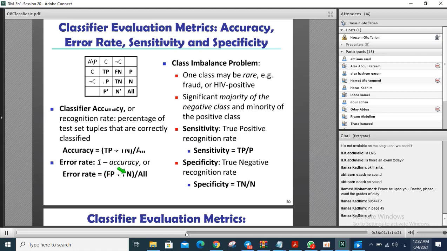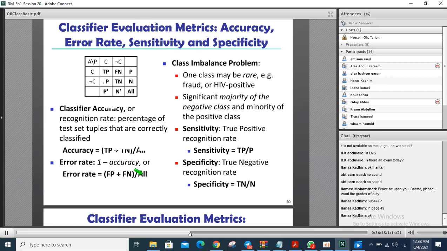So for error rate, we say that false positive plus false negative, the total number of records in false positive and false negative situations are wrong. We divide this number of cases into the total number of records. Okay. So simply we can use this accuracy measure to define the quality of my classifiers.